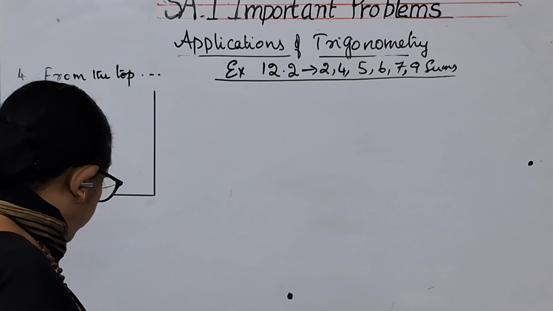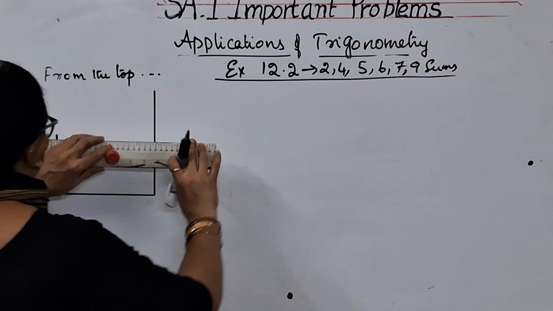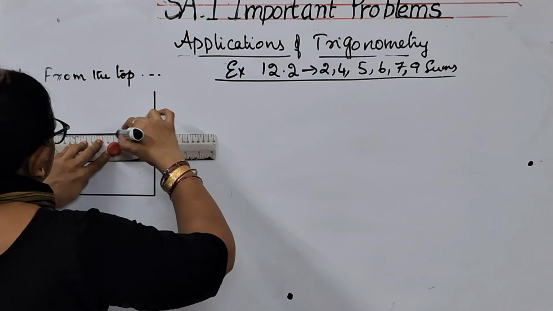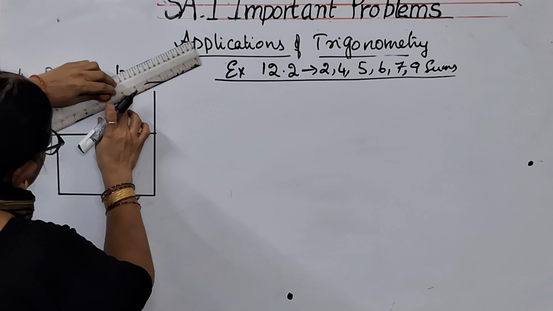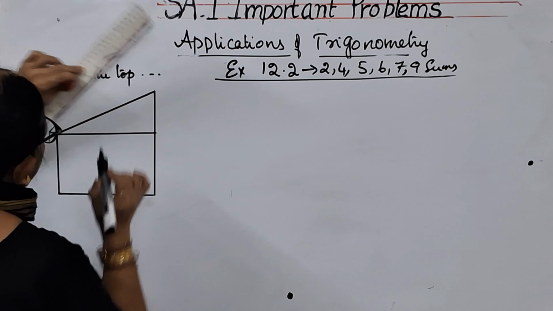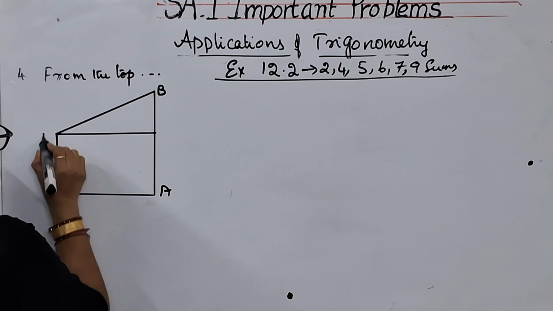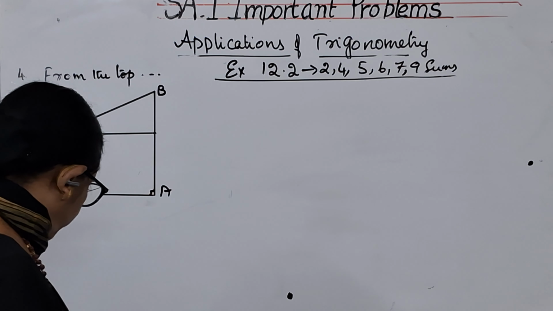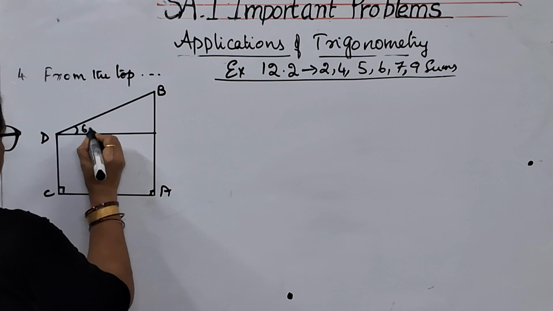From the top of a building, the angle of elevation of the top of the cell tower is 60 degrees. So elevation means, first let us draw a line like this. Now angle of elevation is this. AB is the tower, CD is the building. So angle of elevation is 60 degrees.